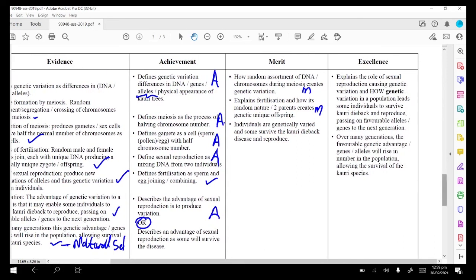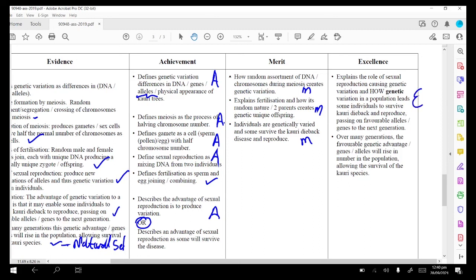And then for the next merit point, individuals are genetically varied and some survive Cowdy dieback disease and reproduce more. And then lastly, your two excellence points. Explain the role of sexual reproduction causing genetic variation and how genetic variation in a population leads some individuals to survive Cowdy dieback and reproduce, passing on favorable alleles to the next generation.